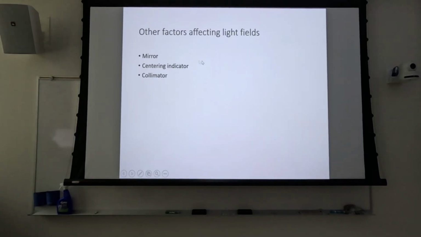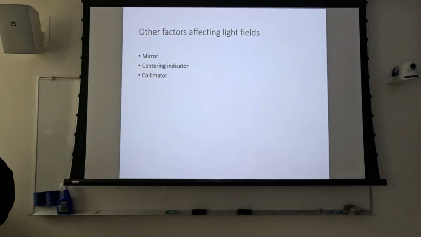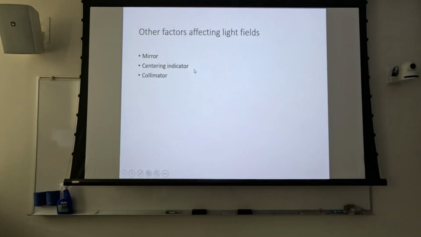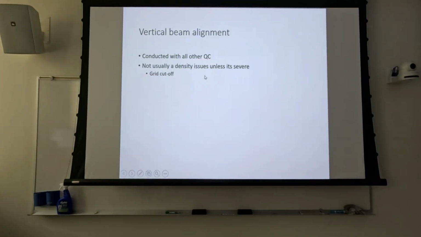So, we've got centering indicator and collimator accuracy. Collimator accuracy has got to be within 2% of SID, and centering indicator perpendicularity has to be within 2% or 2 degrees. That's your vertical beam alignment, usually done with the collimator quality control.